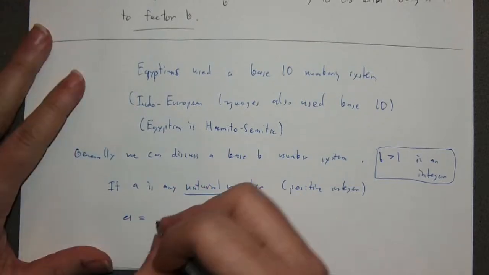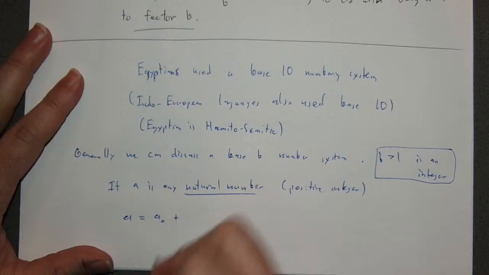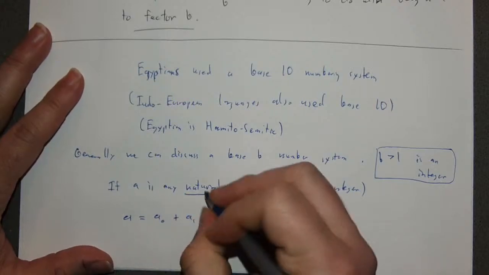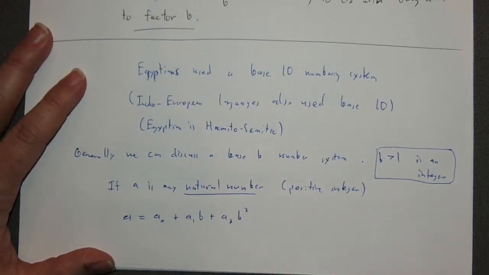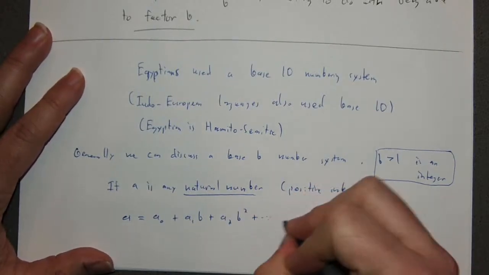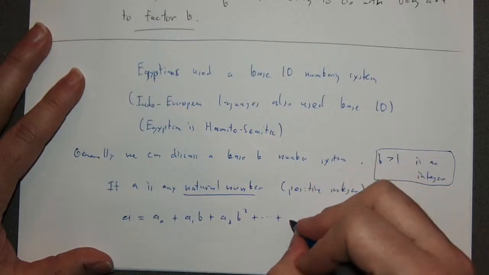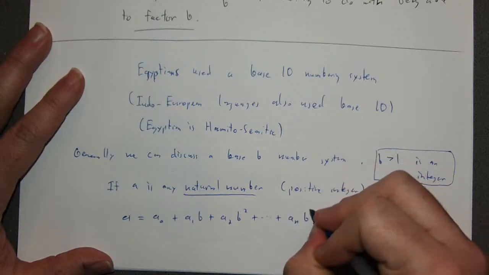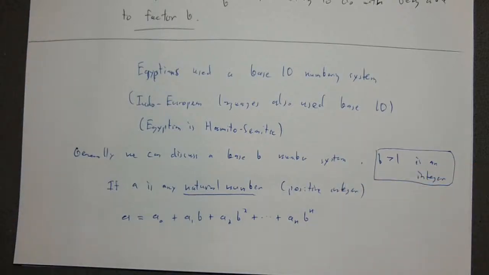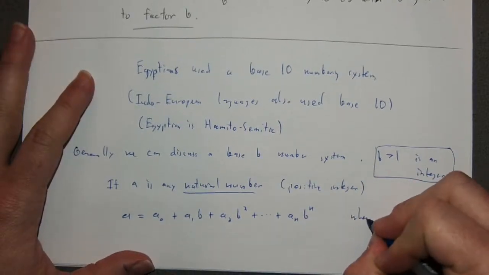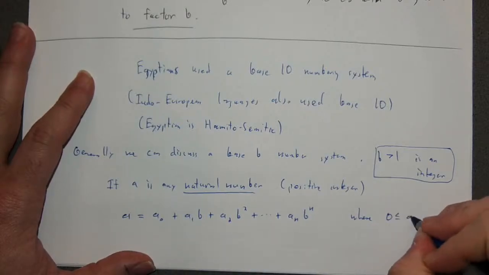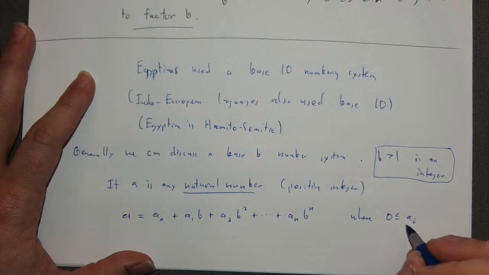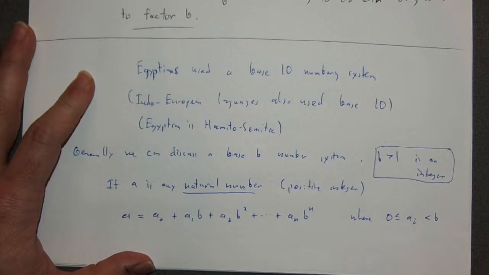So a is a naught plus a1 b plus a2 b squared, and so on, all the way to a sub n b to the n, where each of these a sub i's is greater than or equal to 0, so they can be 0, but they're strictly less than b.